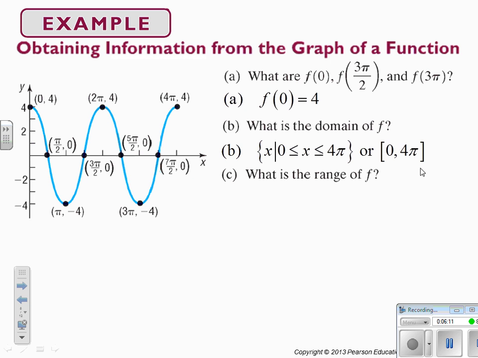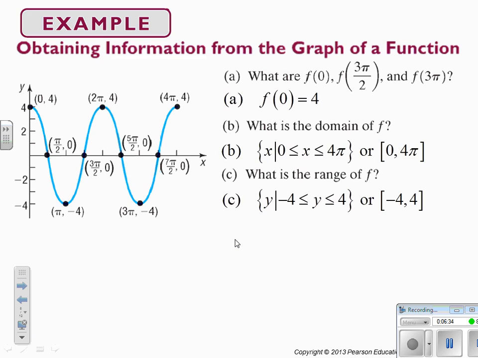Now the range goes from, so what's my smallest y value? Well, it's -4, and the largest y value is 4, and are those included or not included? Are -4 and 4 included in the range or not included? Included, yeah.